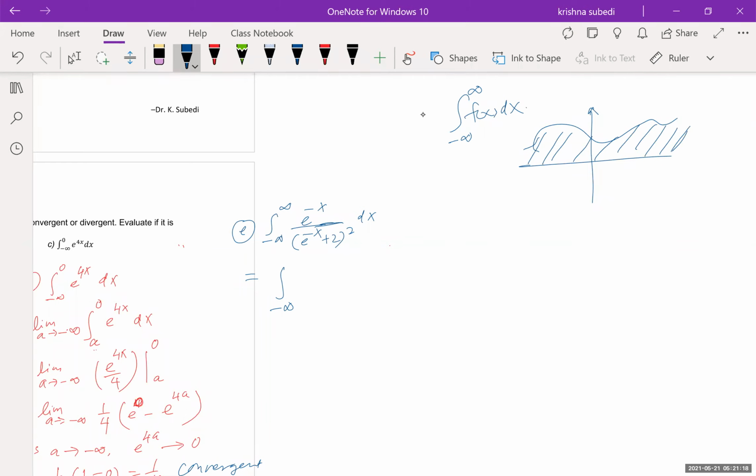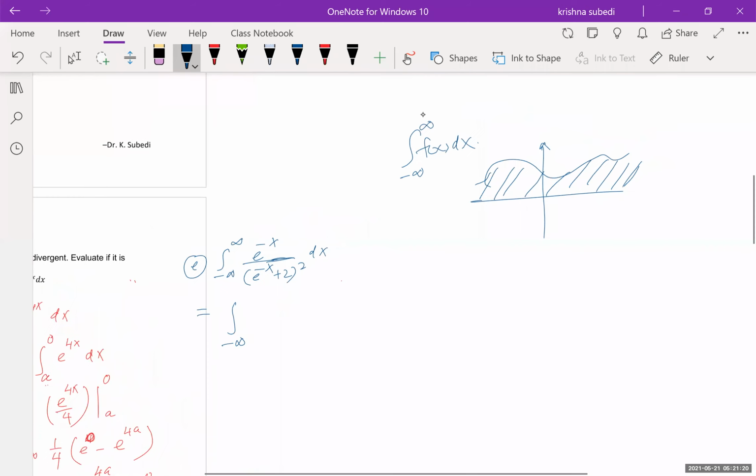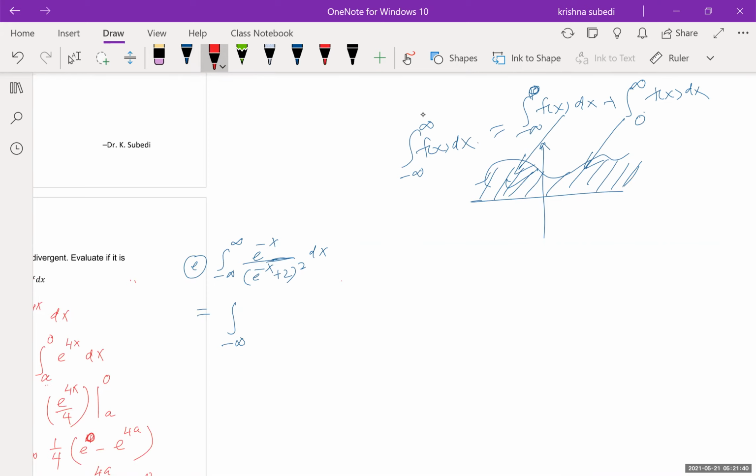So we can split that into negative infinity to 0, or any number, 0 or 10 or whatever, f of x dx plus 0 to infinity f of x dx. This area plus this area should be the whole area. So we can split that way.